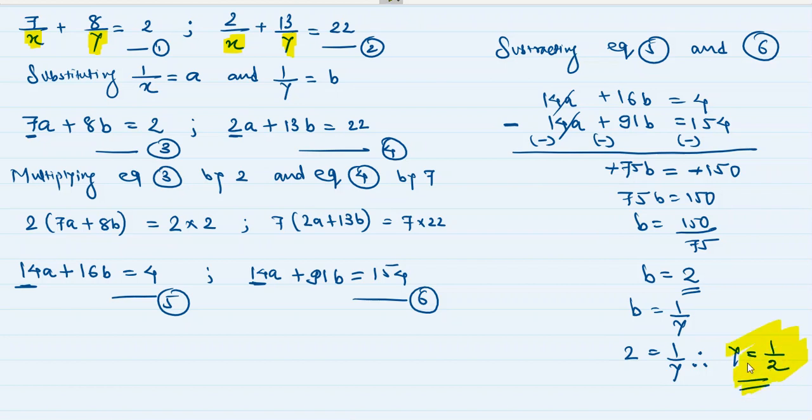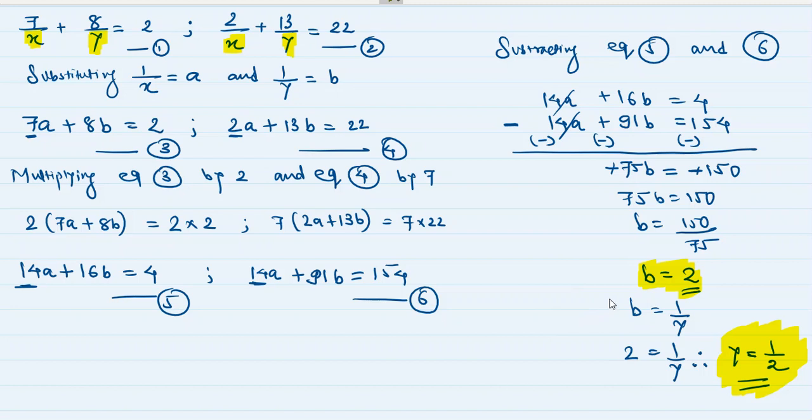So you already got y. Don't forget to find y, okay? Finding b is not your answer. b is just a preliminary step in finding x and y. From b, you have to get the value of y, because y is your original variable which was to be found. So y is 1 upon 2.